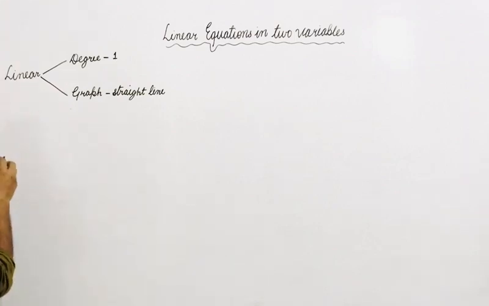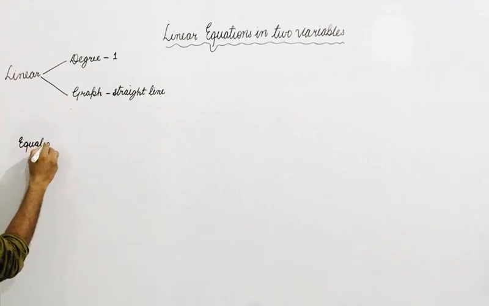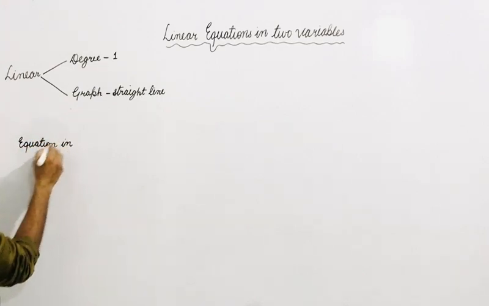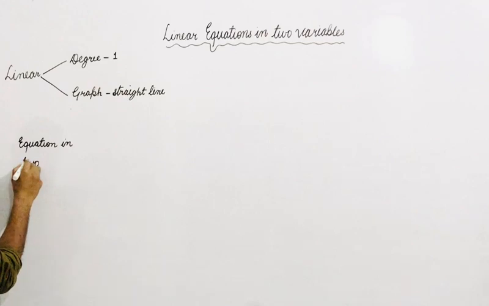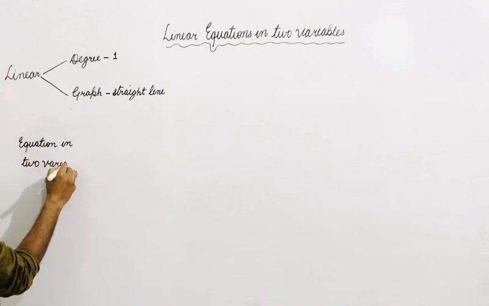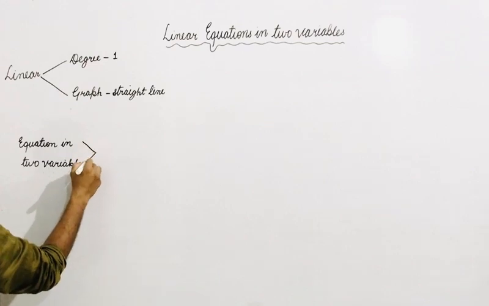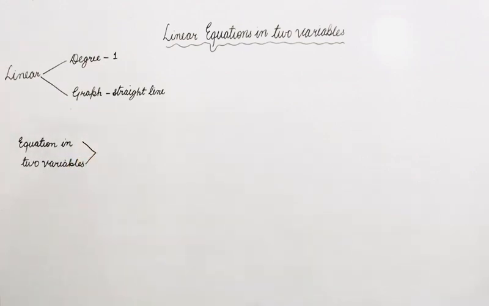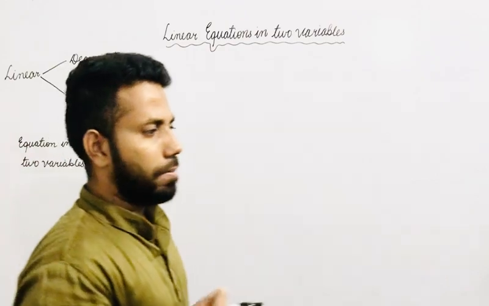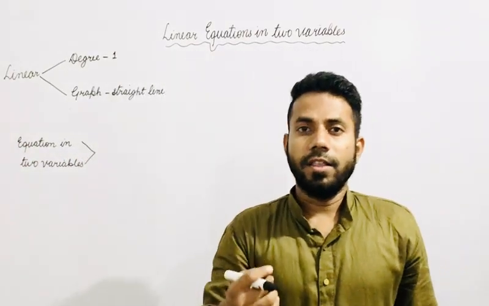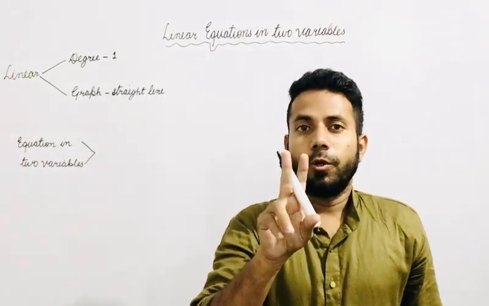Now, the second word, equation in two variables. What does equation in two variables mean? It means that in that equation there will be two variables.